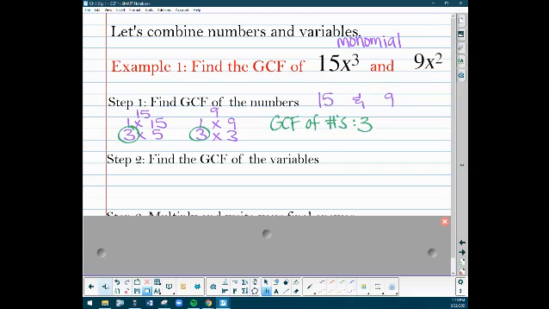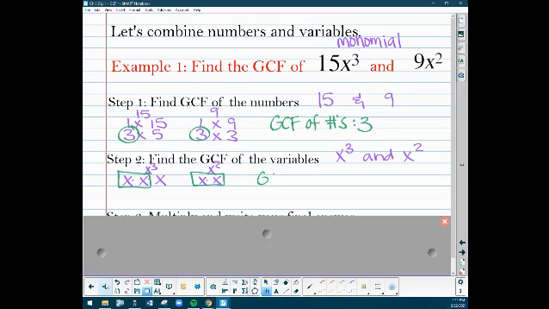Then step 2 is find the GCF of the variables. So the variables that they gave us is x to the third and x squared. So it's the lowest exponent that they both share. If it helps you to expand, you can expand. And then you can visually see, well, how many do they share? 2 in each.